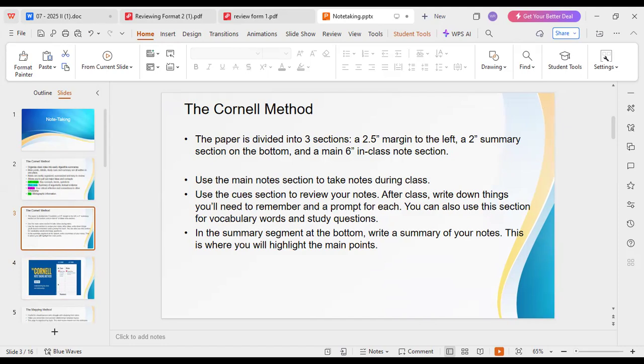So we call this a 3-stage workflow, right? When you are attending the lecture, when you are recording the lecture content, here I'm not referring to audio recording. You are recording it from your brain, right?